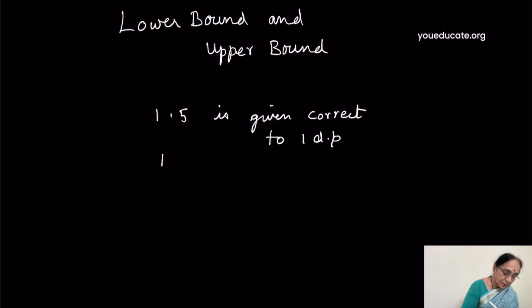Now take this, you write one decimal point is here and consider 0.1. So for one decimal point, always take unity, that 1, 0.1, take half of that. What is half of 0.1? 0.05.